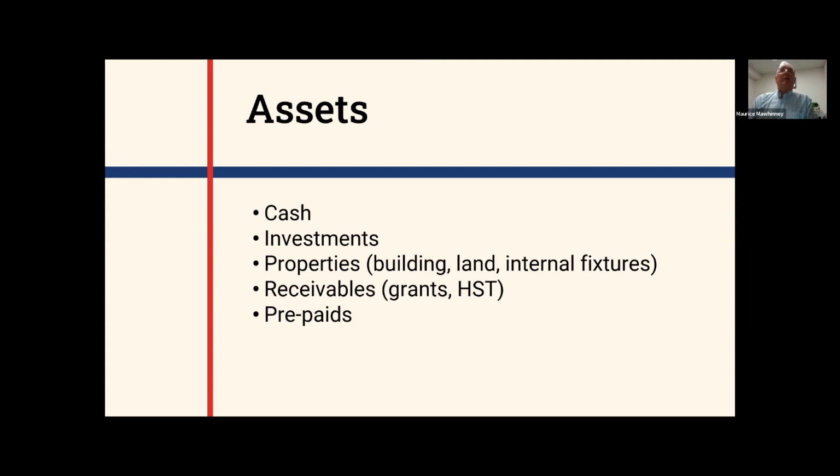You may have receivables, depending on whether you do your accounting on a cash basis or an accrual basis. If you are on an accrual basis, you may record a receivable for a grant that you've applied for but not yet received. Similarly, you may have applied for your HST rebates and not received them before the end of the year, so you would have them in receivables.